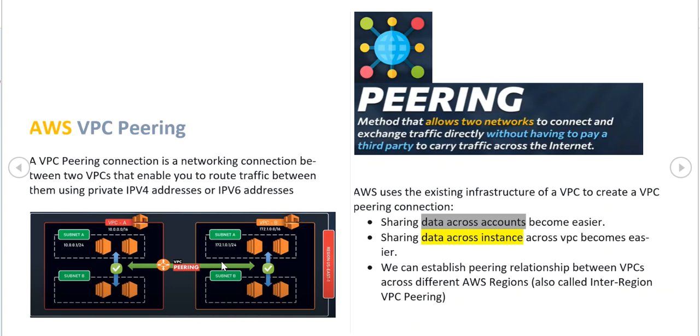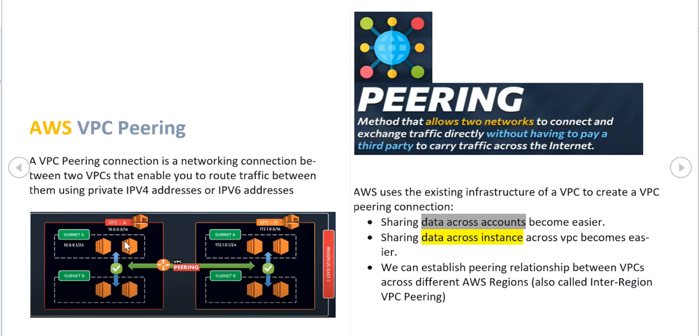But in this case, if we connect VPC A, B, and C, we only have a connection between VPC A and B, not to C. So these are the things we see in VPC peering.